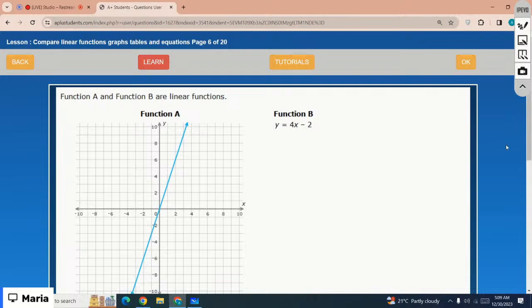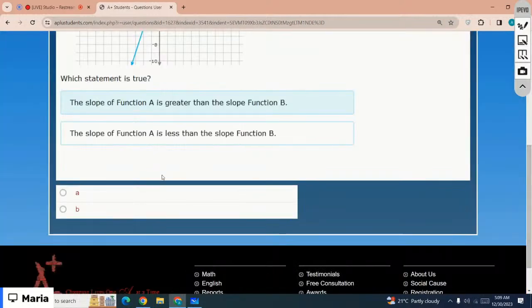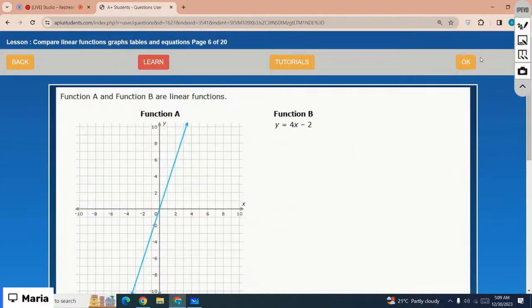The slope of function A, yes, very good. The correct option is the slope of function A is less than function B. Option number 2 is the correct option. Got it?